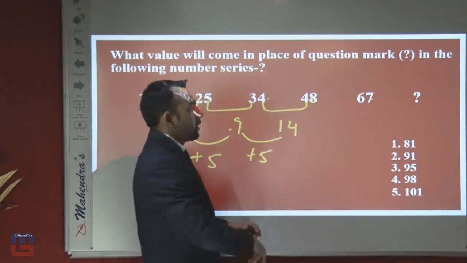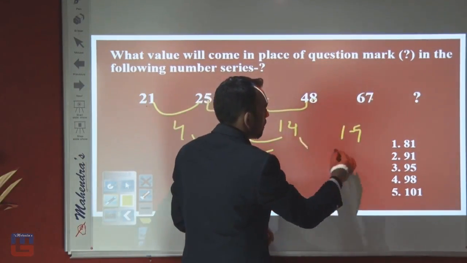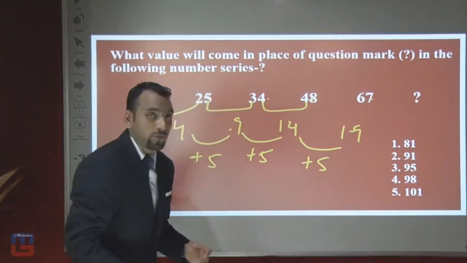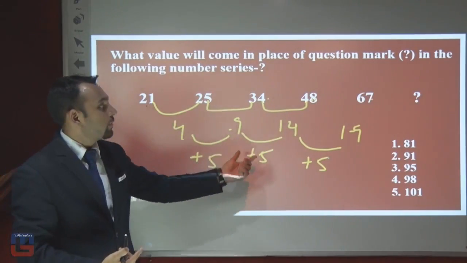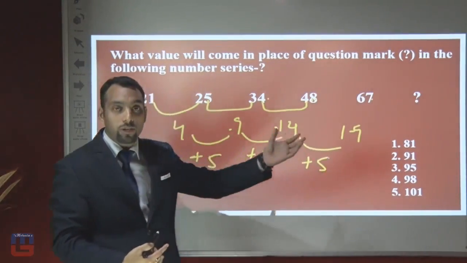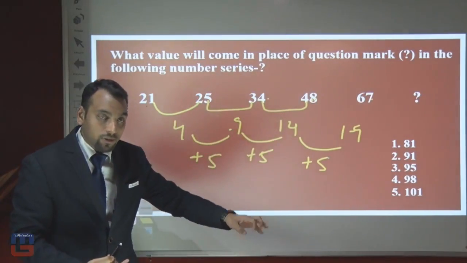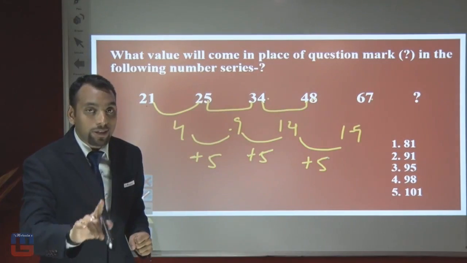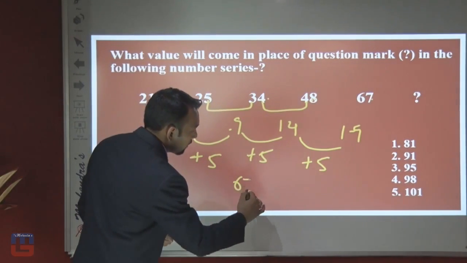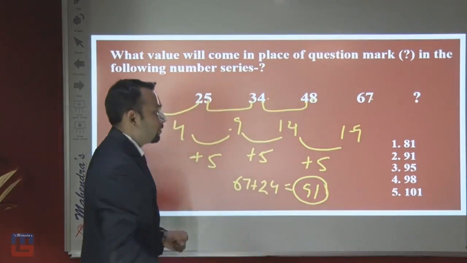Now see, 14 minus 9 is 5, so on the same way, plus 5. Which means the difference is 4, the difference is 9, the difference is 14, the difference is 19. So what we are doing, we are adding 5 to every difference. On the same way, 19 plus 5, that is 24. So the next one will be 67 plus 24, and the answer will be 91.